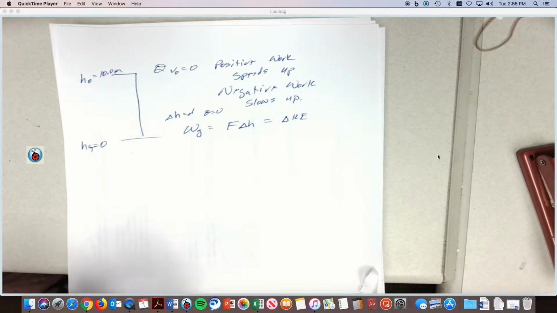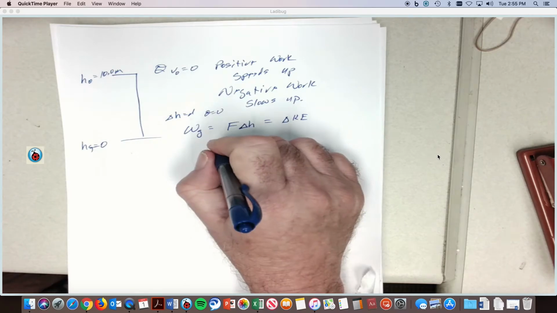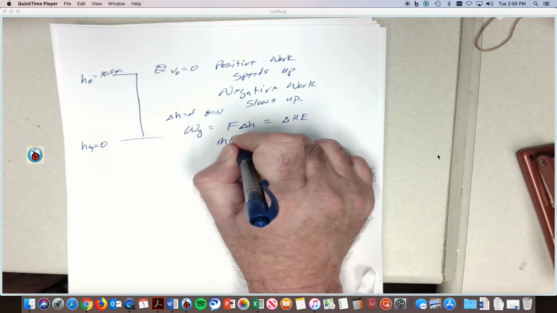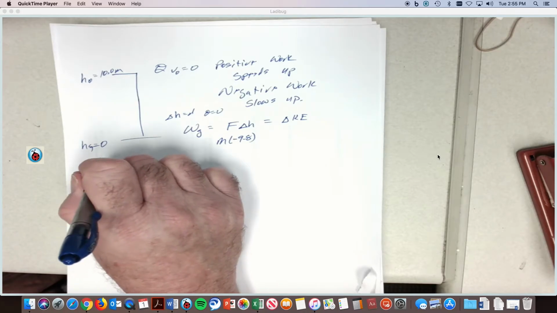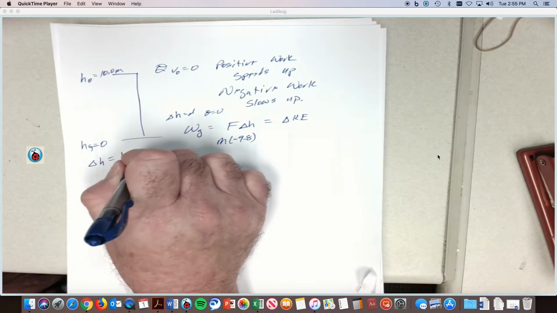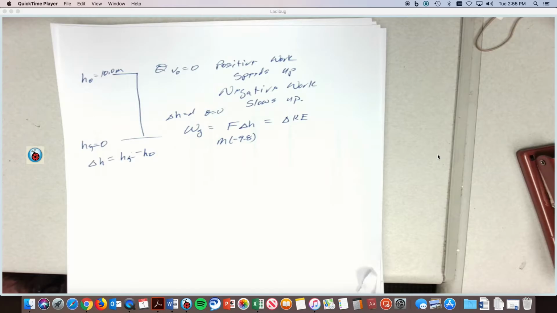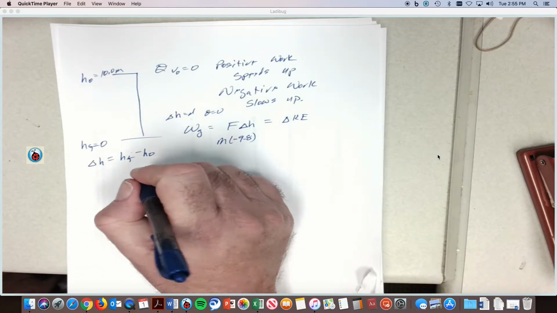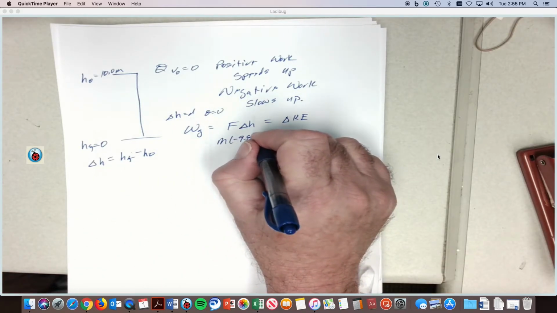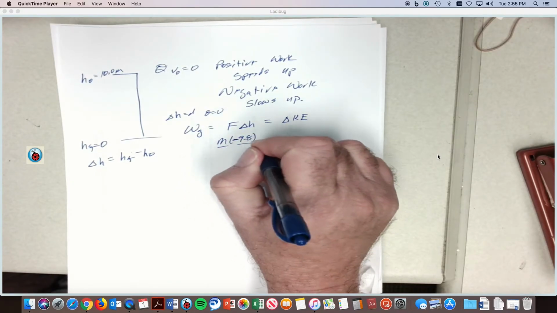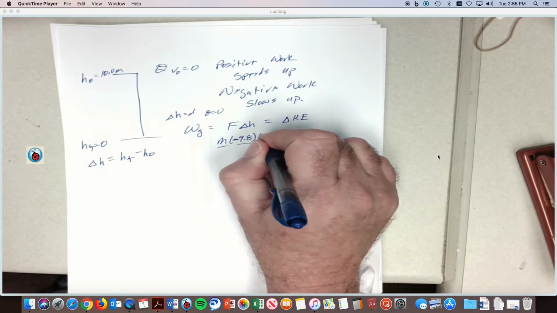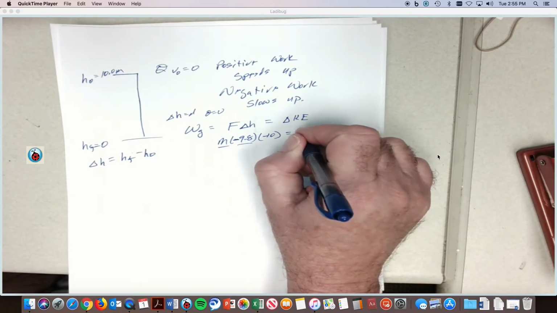It'll be m times negative 9.8 times the change in h, which is h final minus h initial. That gives me negative 10. So negative 9.8 times negative 10 is equal to my change in kinetic energy.